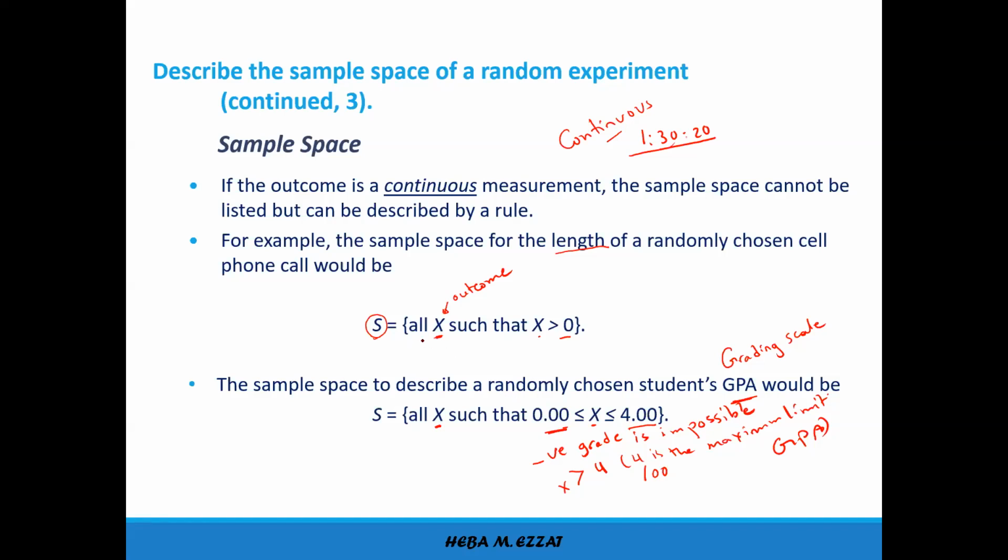Here, of course, it's greater than 0, because it doesn't make sense that the waiting time, for example, in a clinic or at the bank waiting for your turn at the cash counter, would be 0.